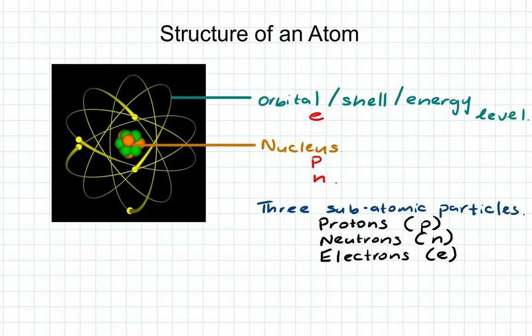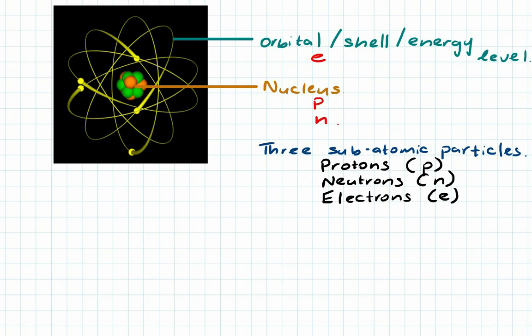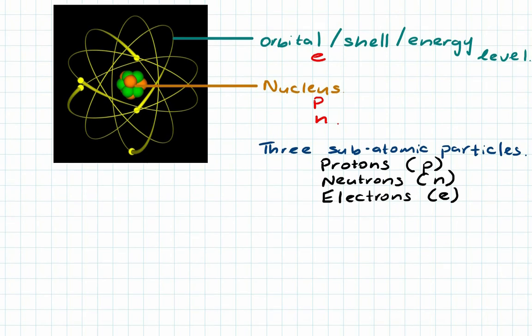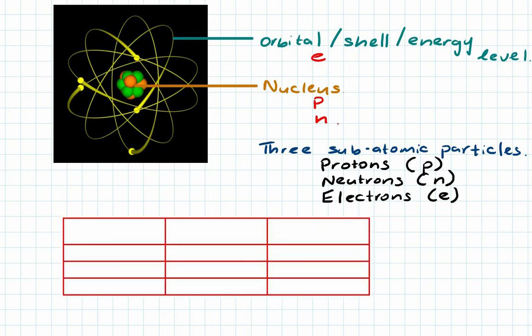Now let's look at some of the features of these three different types of subatomic particles. I will be using a small table, so it would be easy for me to explain. The first column, I will fill out with the subatomic particle. The next column with their relative charge.